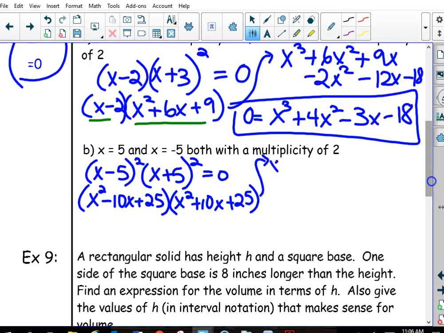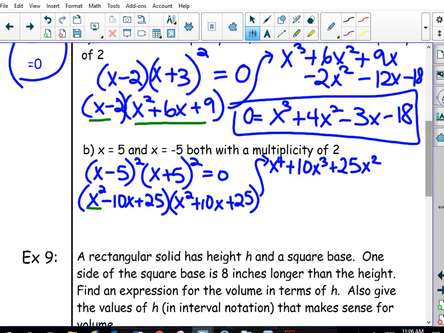Okay, so we get x to the fourth, and now I'm just doing all these multiplications. Plus, I start with the first term and do all 3 of the last trinomial, and then go on to the negative 10x and so on, so you know where these numbers are coming from. So I get x to the fourth plus 10x to the third plus 25x squared.